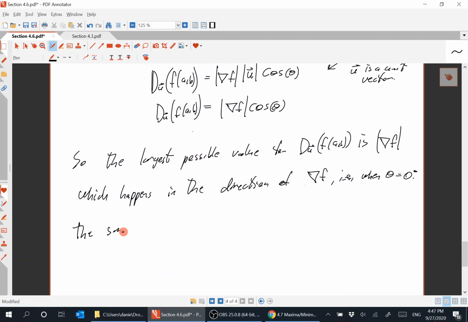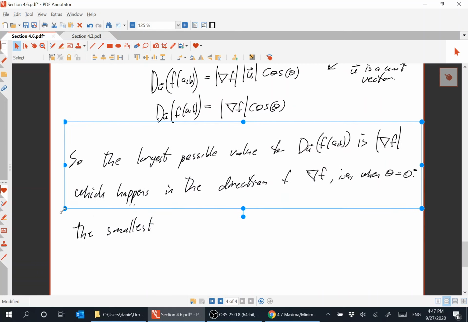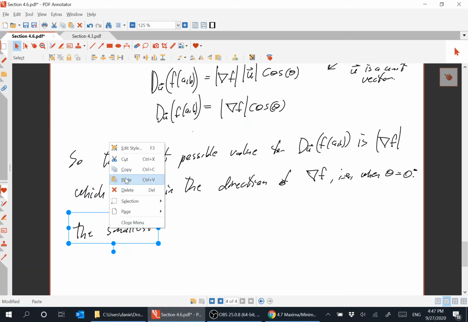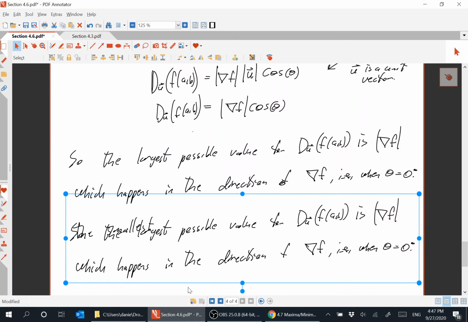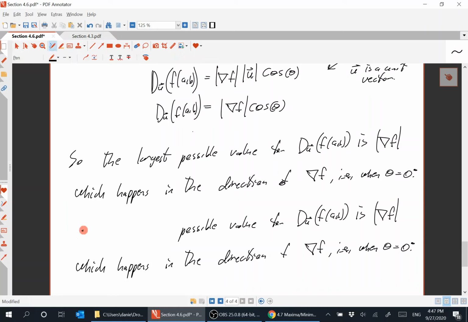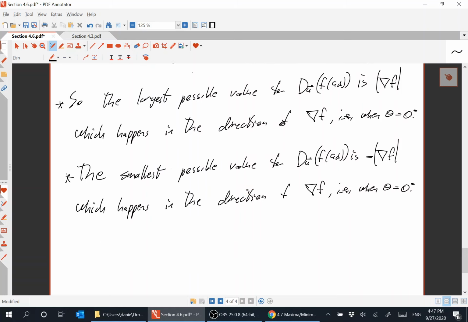The smallest possible value for the directional derivative is the negative of the length of the gradient, which happens in the direction opposite to the gradient of f, i.e. when theta is 180 degrees.